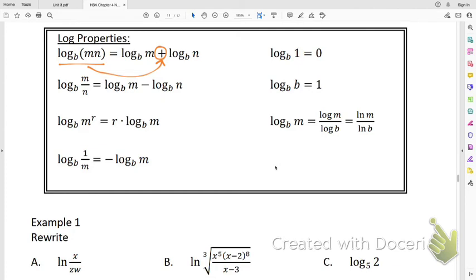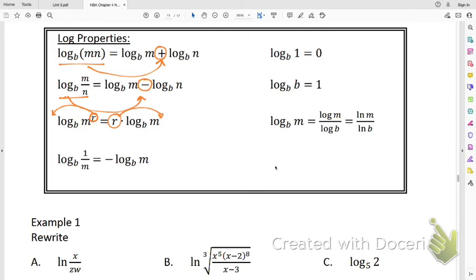Division is the exact opposite. Divided by expands to two logs that are being subtracted, or condense two logs that are being subtracted to one log that's being divided. This third rule tells us if we have a log to an exponent, we can bring that exponent down front. Or if you have a number out front of a log, you can bring it back as an exponent, is basically what that says.